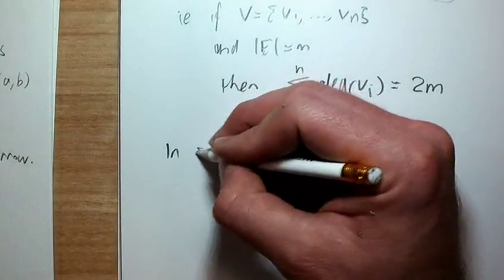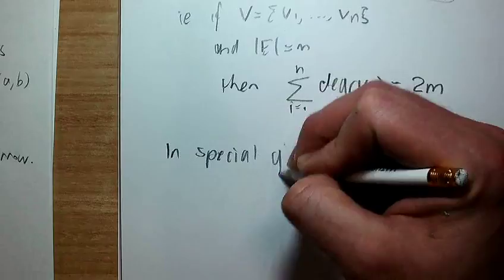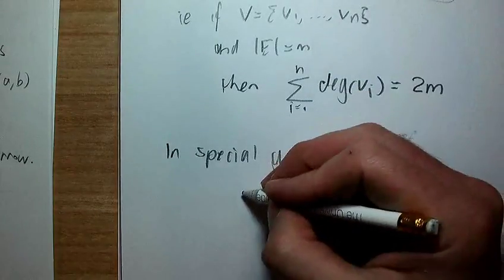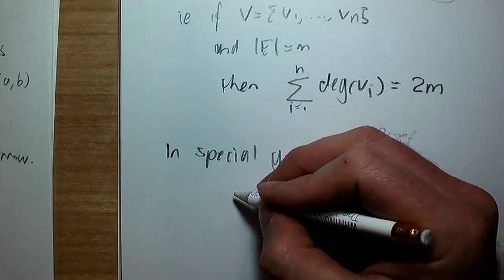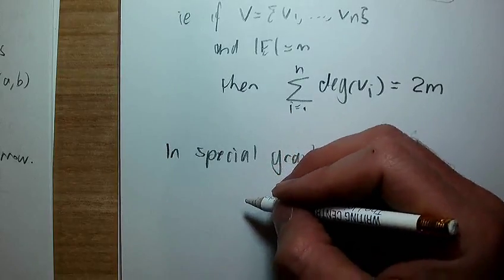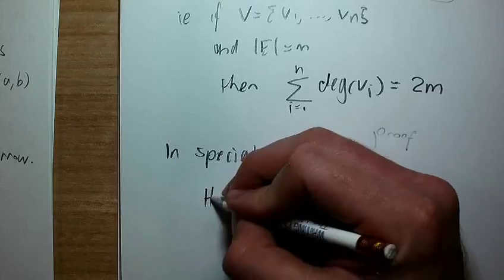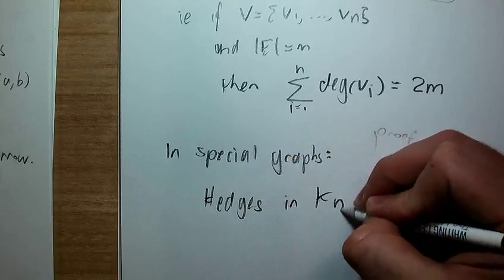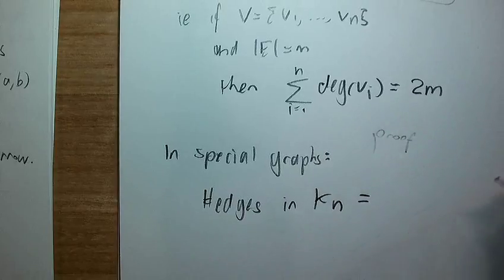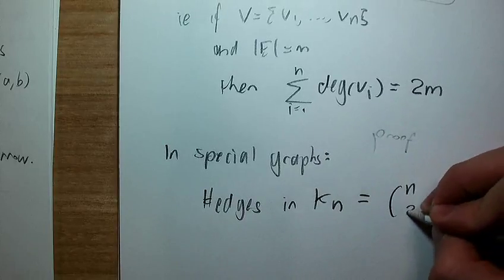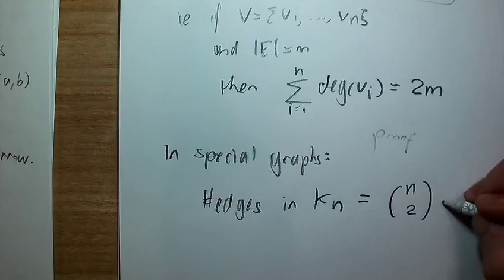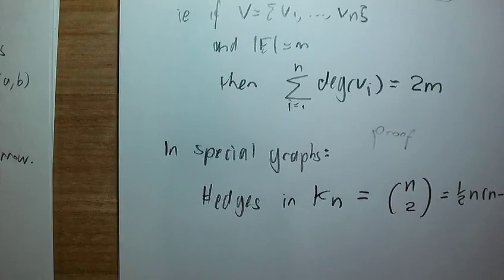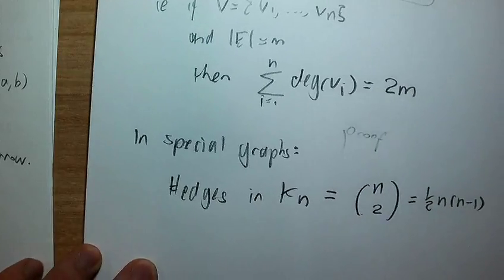So in some special graphs, the number of edges in Kn is n choose 2, which is the same as a half times n times n minus 1. Oops, sorry.